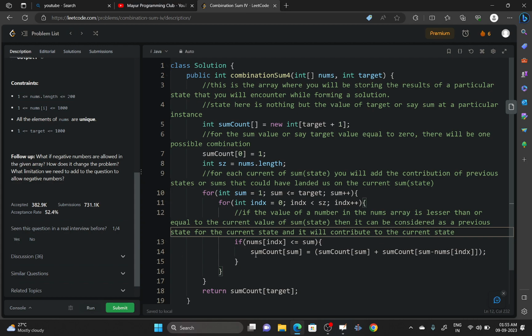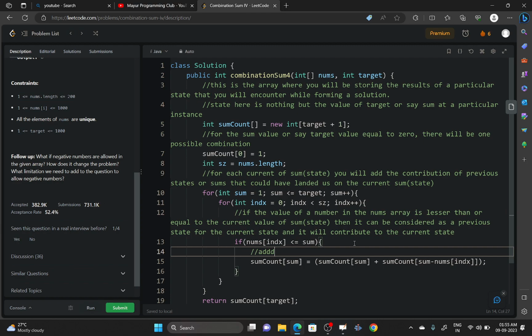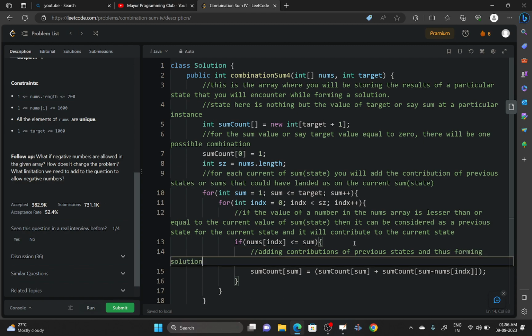So we will be adding the contributions of the previous states, and thus forming the solution for the current state.